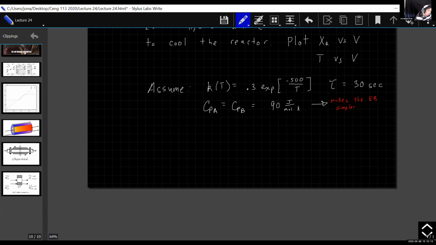Okay. Next up, we're given that the diameter of our tube is 10 centimeters.